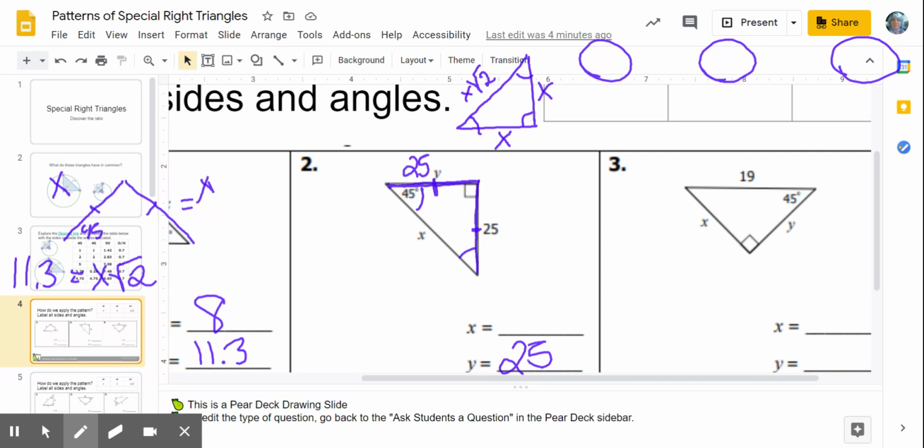We can absolutely do a squared plus b squared equals c squared. Is there an easier way if I know that the hypotenuse of an isosceles triangle is always x times the square root of 2? Let's do it both ways. So 25 squared plus 25 squared equals c squared. So what do we get that way?